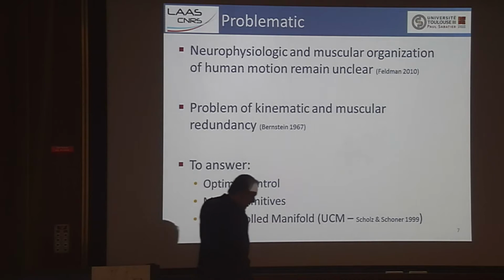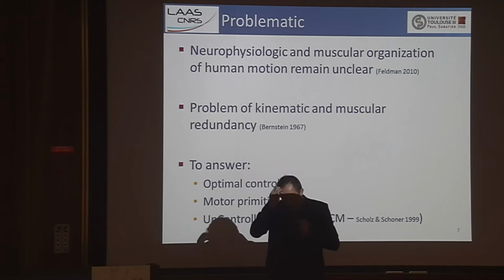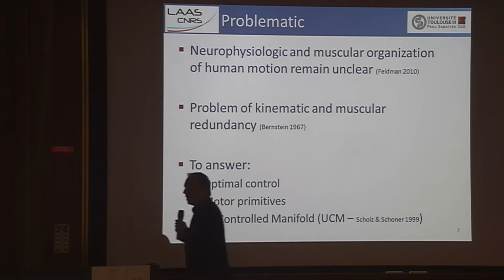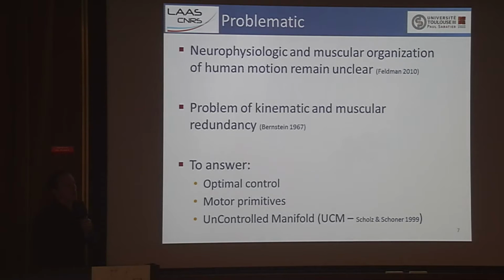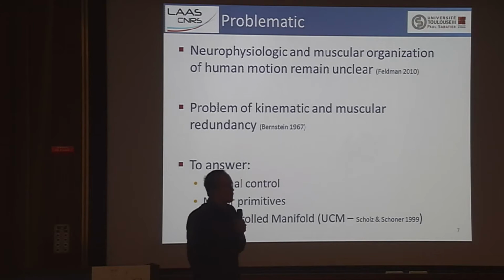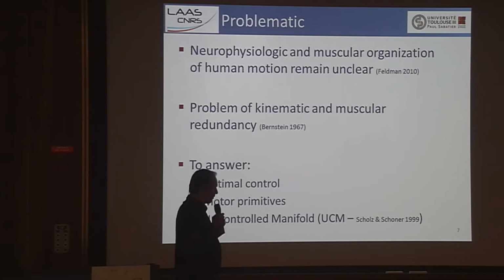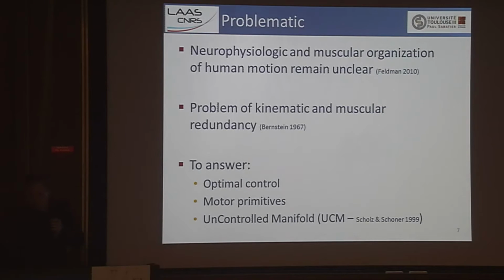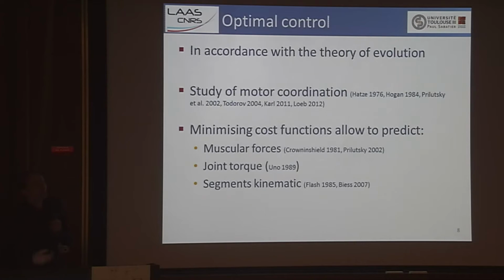So, to simulate and then generate motion, many authors in the last 40 years propose to answer this open problem, propose to use optimal control, motor primitives, I will detail later, or the abundance of the musculo-skeletal system, which could be helpful to generate a given motion. So, first, optimal control.